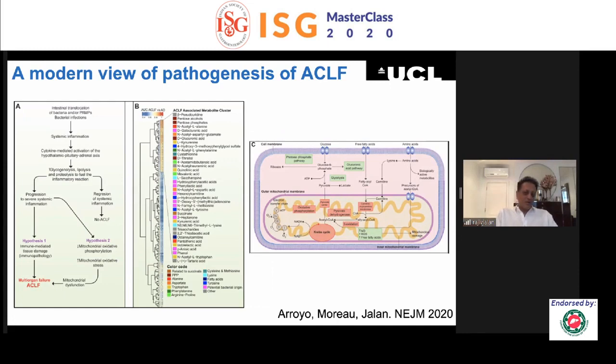So a modern view of pathogenesis takes into account immunometabolism and immunopathology, which is consequent upon systemic inflammation, which stems from DAMPs and PAMPs as targets of therapy. So the whole story started by injury, translocation, infection, and the rest of the stuff is happening downstream.